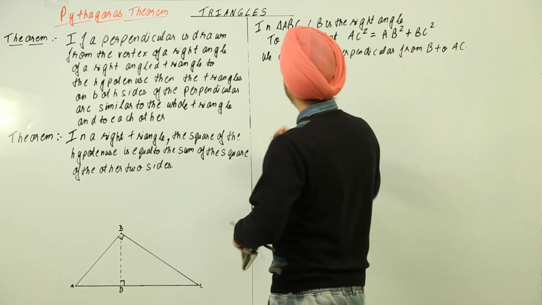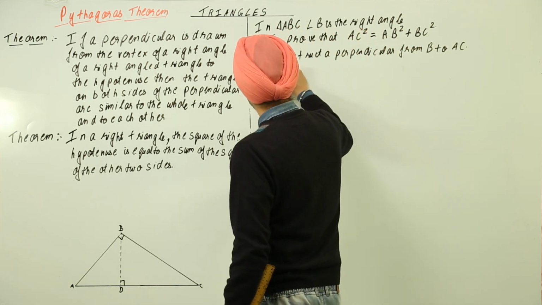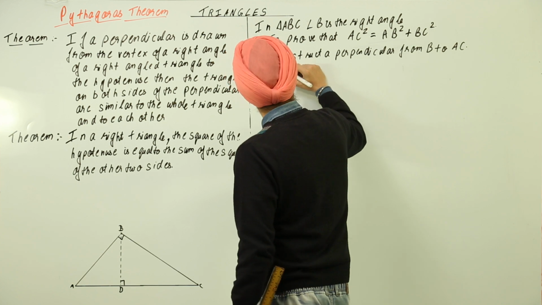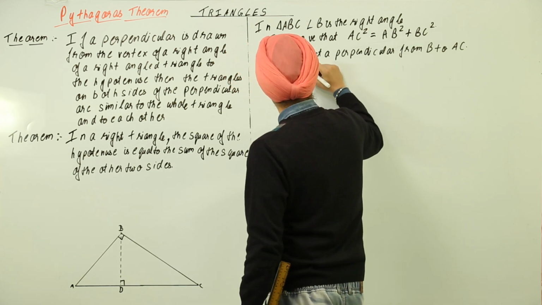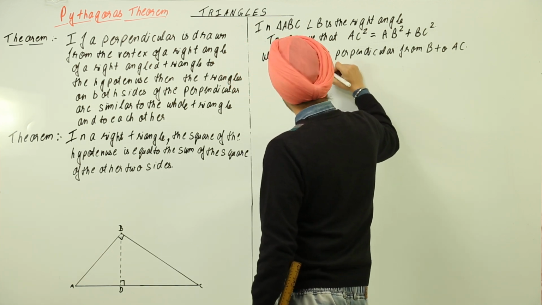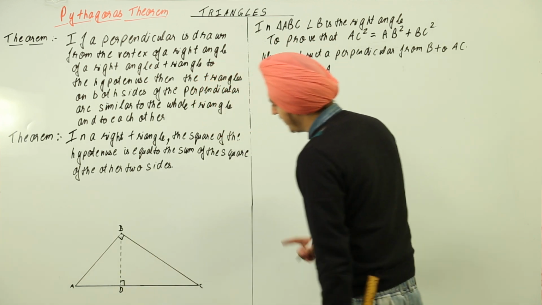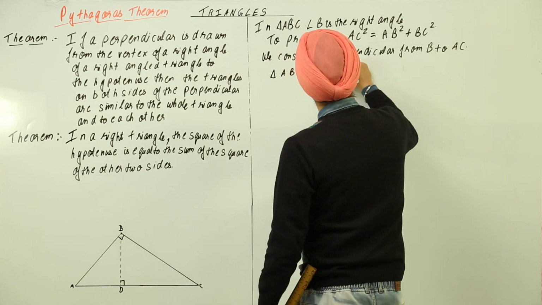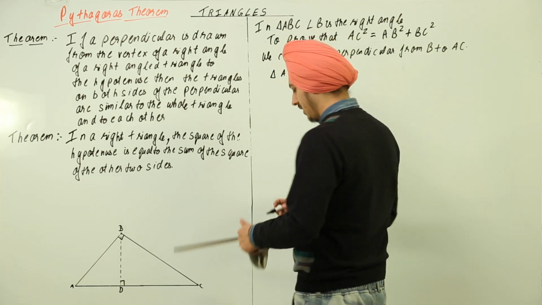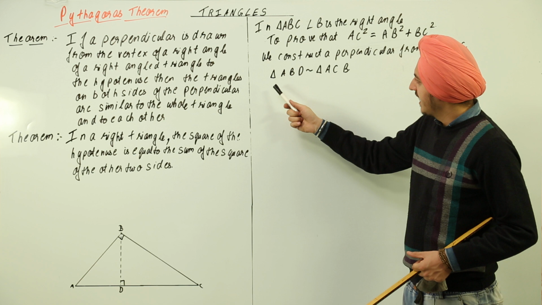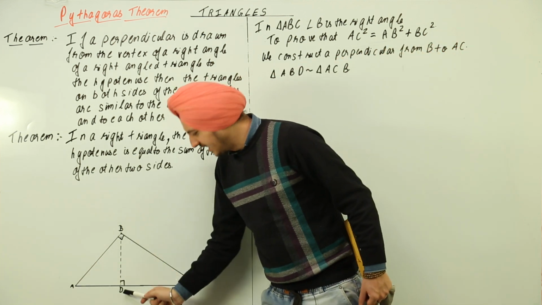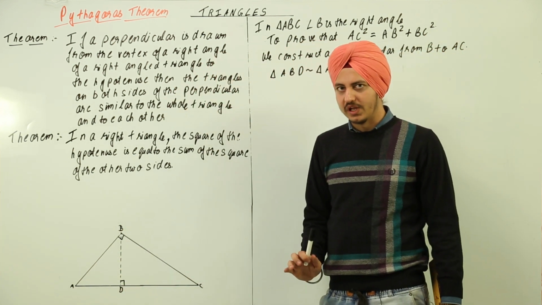So from here what we get is that triangle ABD is similar to triangle ACB. Did I write it correct? Triangle ABD is similar to the whole triangle. First of all, we know that, right?